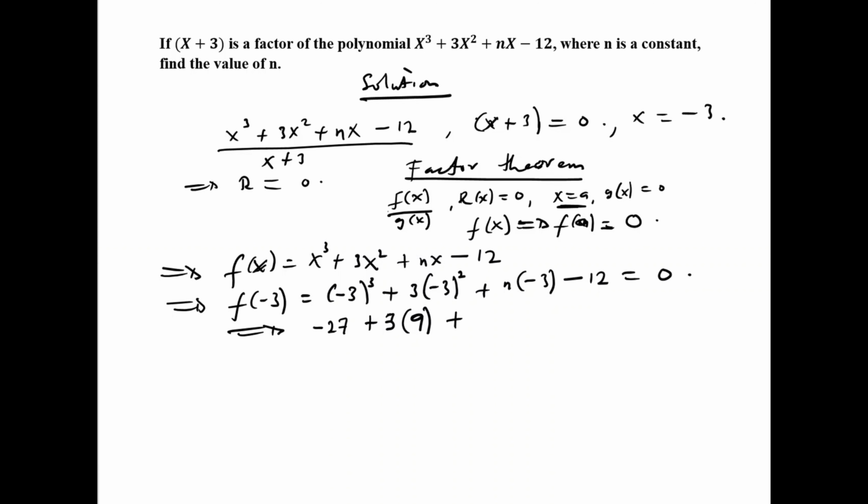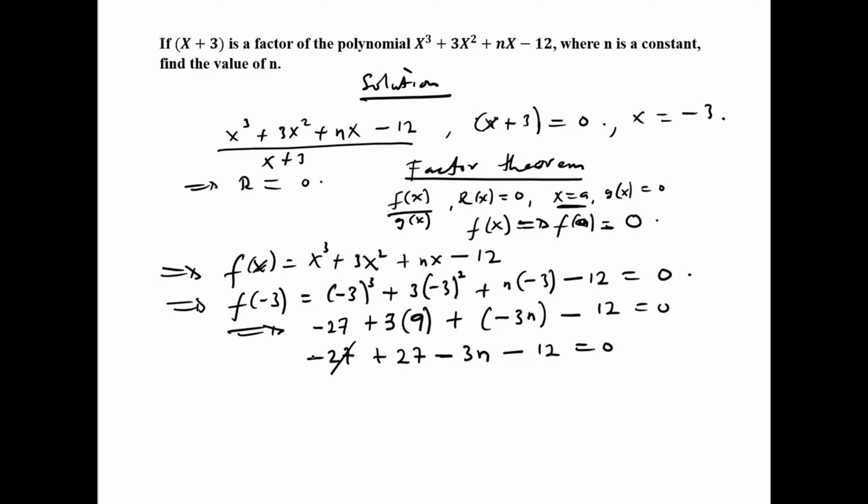Then plus n multiplied by minus 3, which gives us minus 3n, close it, minus 12 equals 0. So we have minus 27 plus, again, 3 times 9 gives plus 27, then minus 3n and minus 12 equals 0.